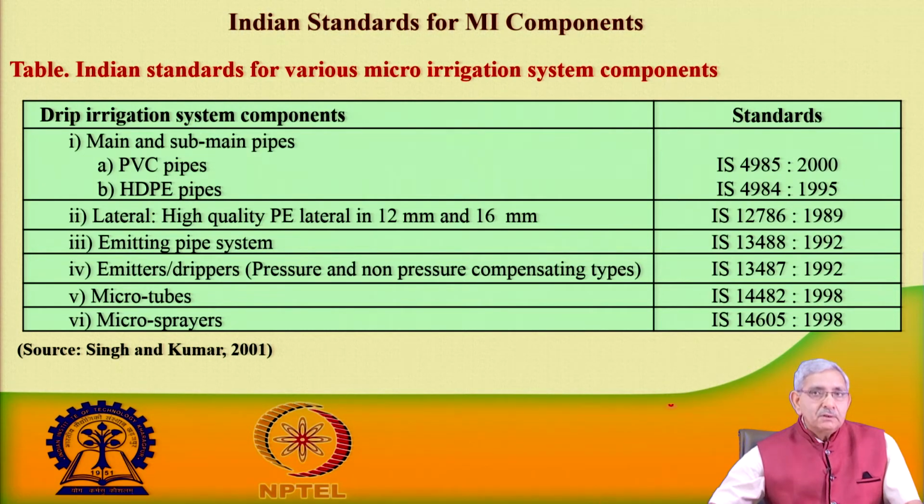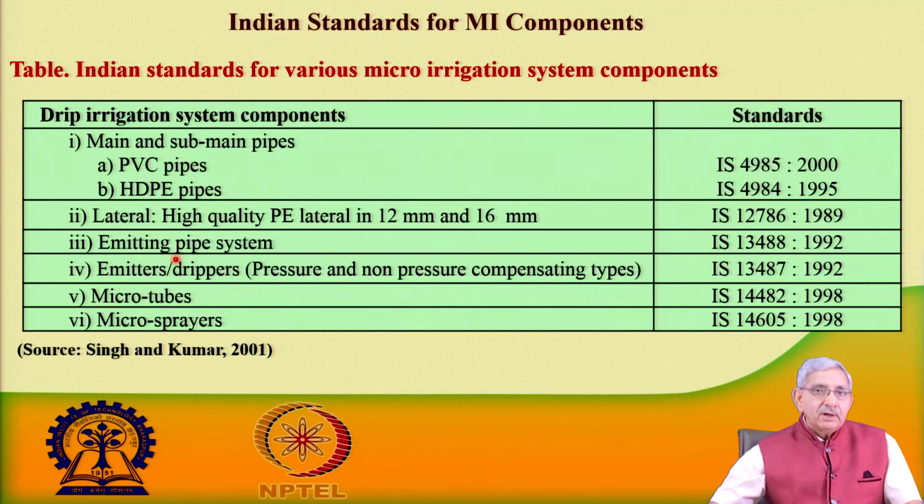Now, these are some of the standards of the various components which have been prescribed, and they should follow the test values prescribed by the ISO. As per the BIS standard, for the main pipeline and sub main pipeline of a drip irrigation system, the standard prescribed for PVC pipe is IS 4985 2000, and for HDPE pipeline 4984 1995.